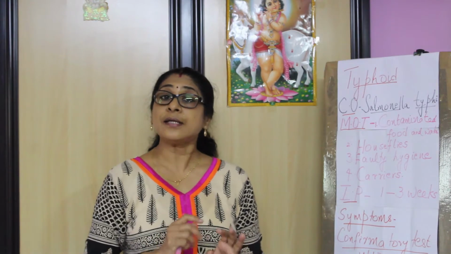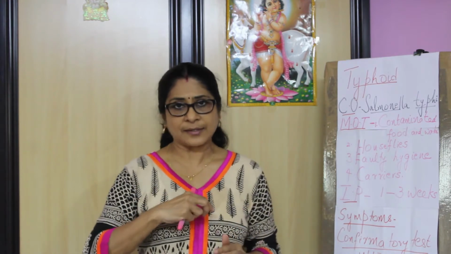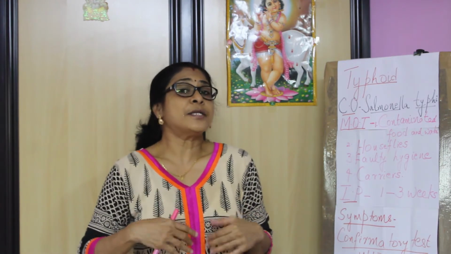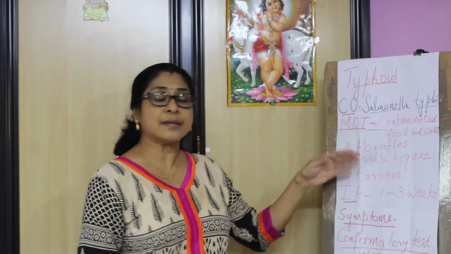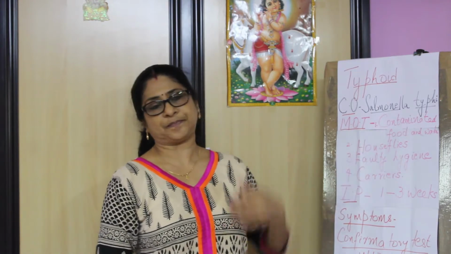So carriers are those individuals who harbor the disease-causing organism but do not manifest any symptoms. So these are the four methods by which the disease is transmitted from one person to another.